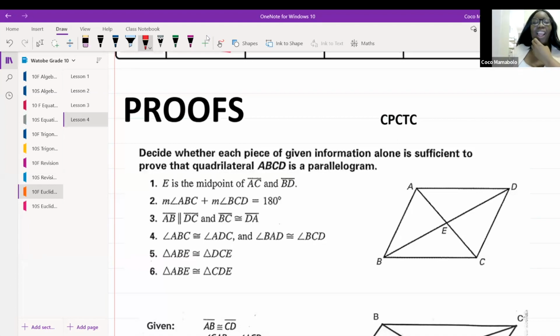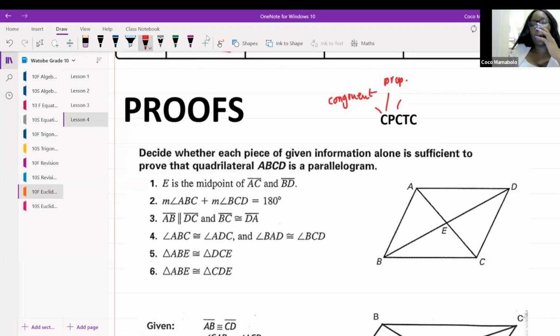I'm so sorry. All right. It's called CPCTC, and it sounds like something weird. It's not. It literally just stands for congruent properties. Properties of congruent. No, I'm lying.